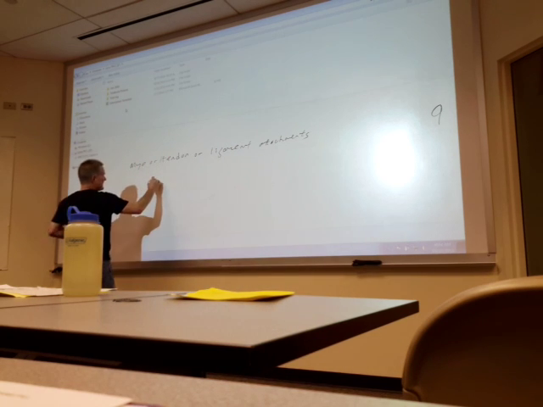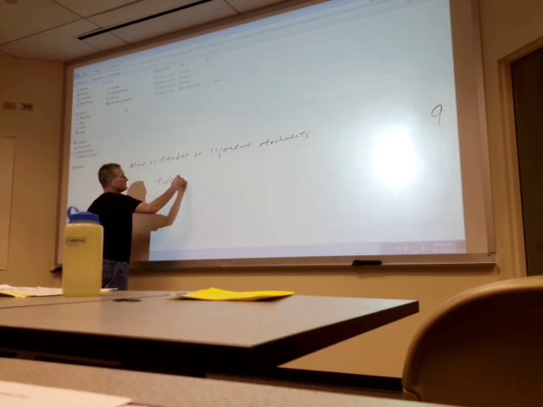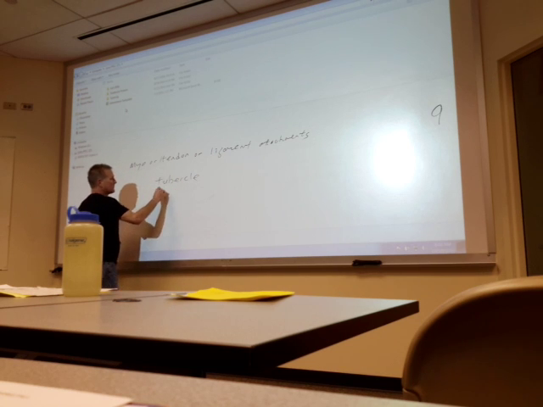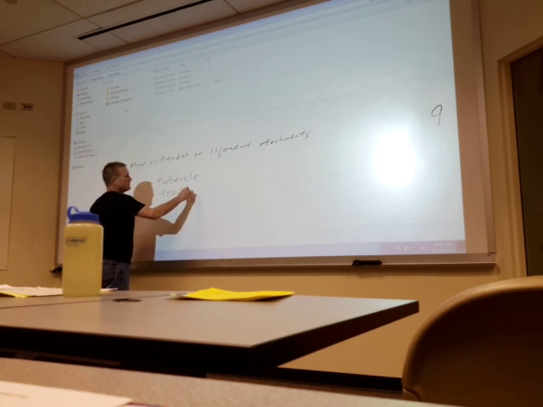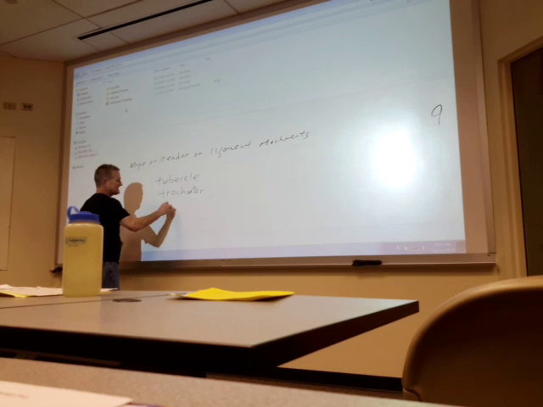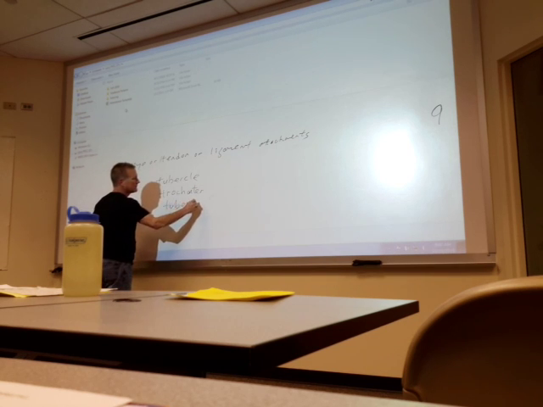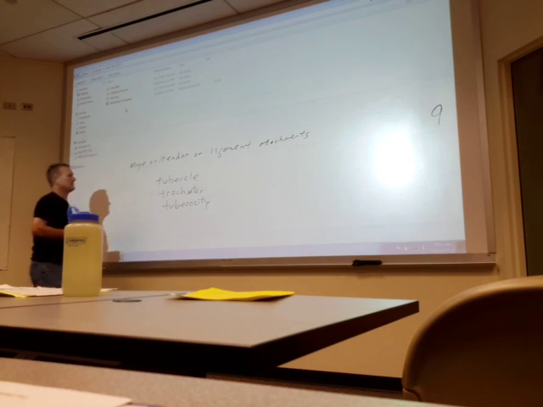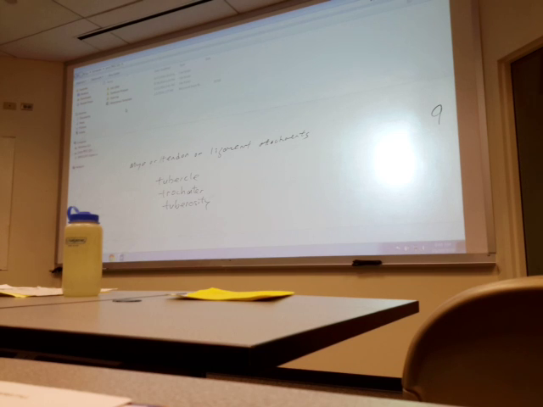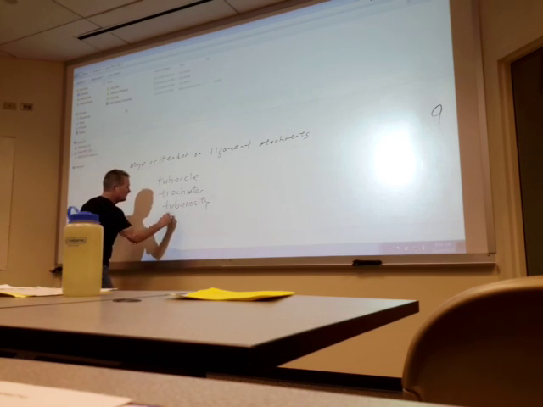And we're looking at things like a tubercle, a trochanter, a tuberosity, and epicondyle.